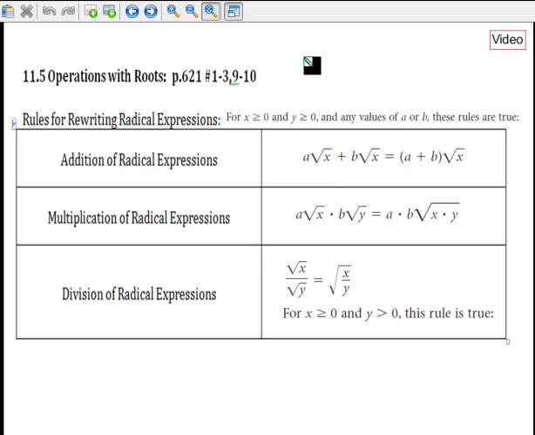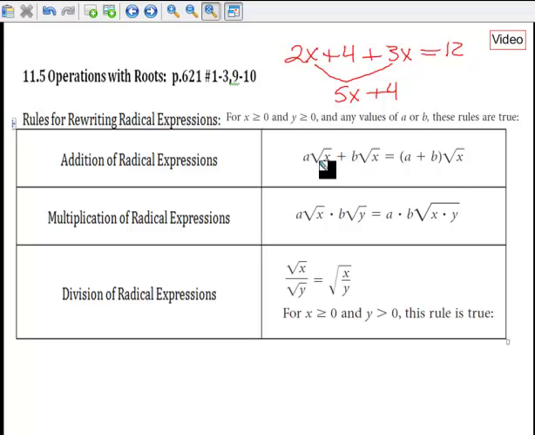So it's kind of like adding like terms. When we were dealing with equations and we had 2x plus 4 plus 3x equals 12, we would add together like terms. So 2x and 3x give us 5x plus 4. Okay, same concept here. We can treat these like terms.